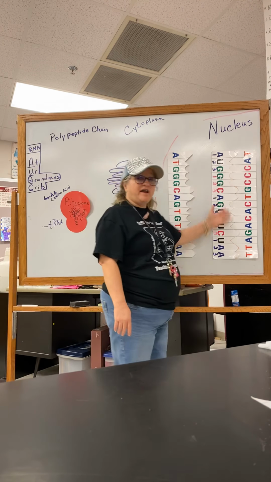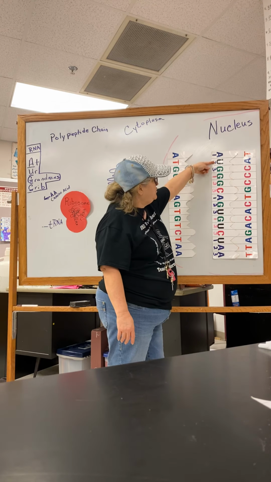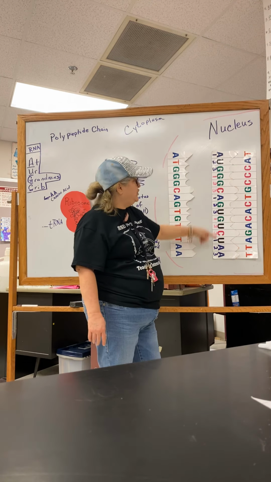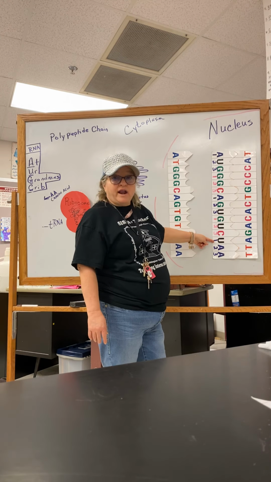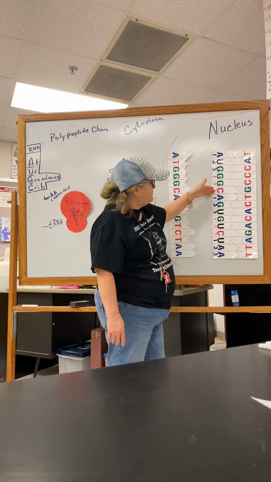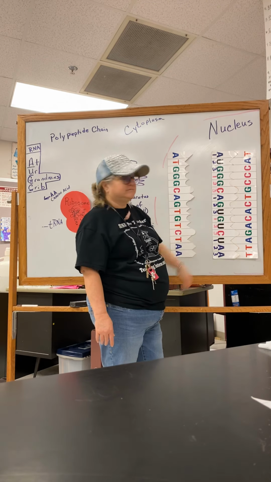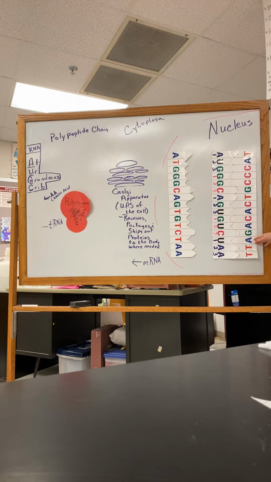You know that it's RNA because RNA has the nitrogen base uracil, or U's. RNA never has thymine in it. It will have uracil in it. DNA never has uracil in it. It will have thymine in it. So the T is replaced in RNA by a U. So thymine is replaced by uracil.